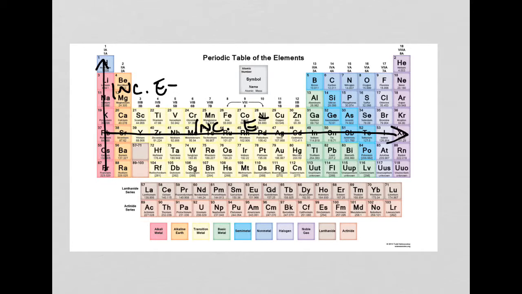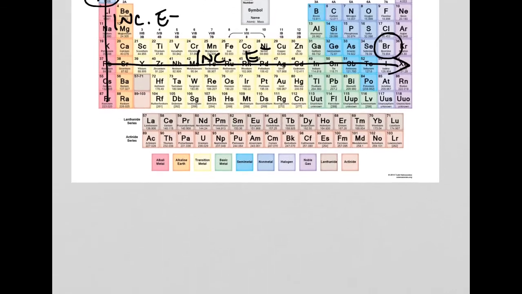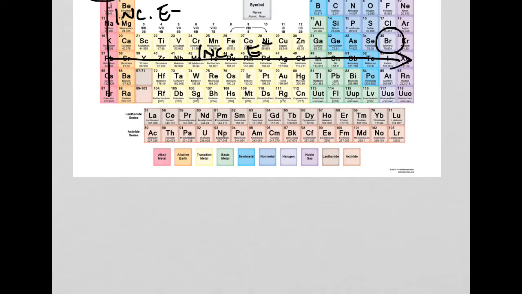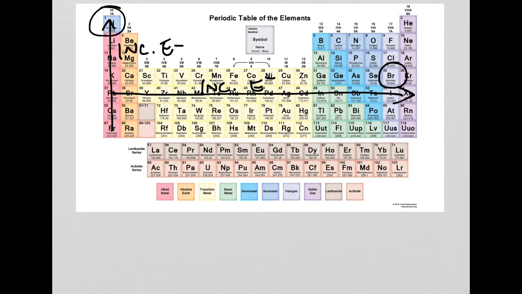So hydrogen's over here, so we have a relatively high electronegativity, and bromine's over here, which is also a relatively high electronegativity. So then you have to ask, how do we deal with that? Well, it's important that you look for the electronegativity specifically associated with these elements.